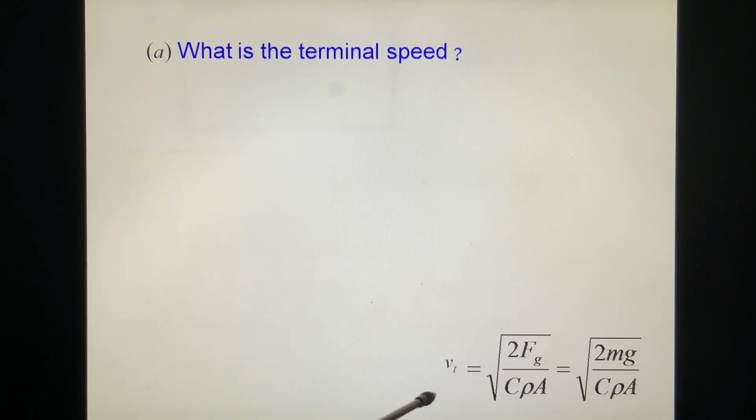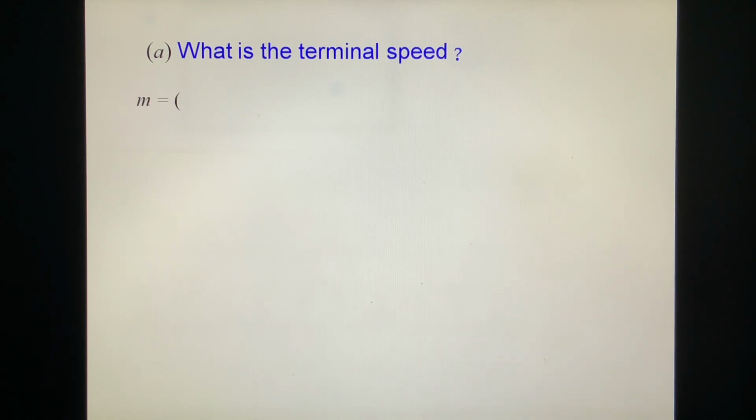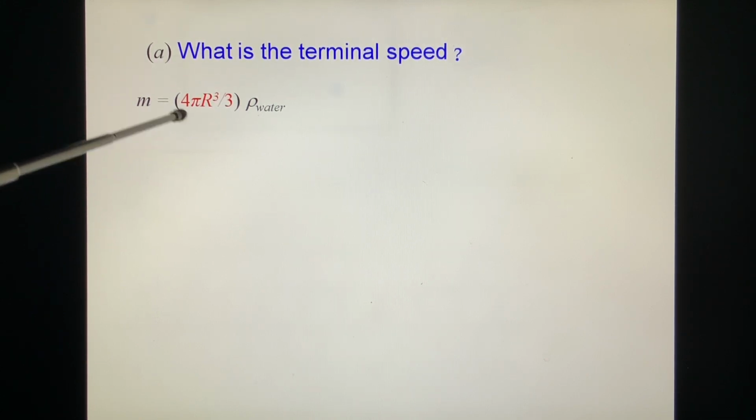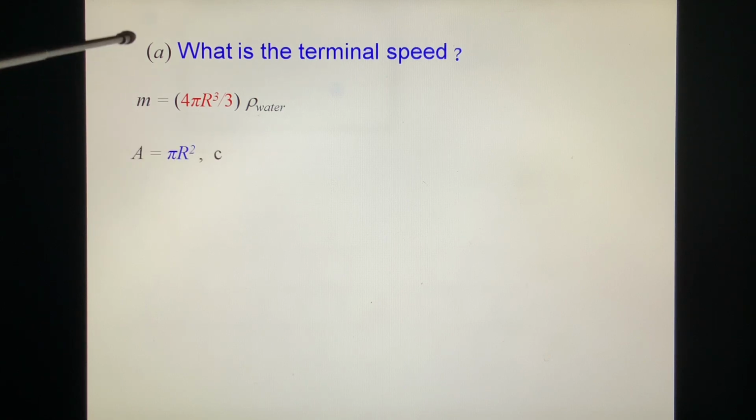By the formula, vt equals the square root of 2mg over C rho A. We put the numbers in. The mass m of the drop is the volume times the rho of water, and the volume of the sphere is 4 pi r cubed over 3. And the cross-sectional area is pi r squared.